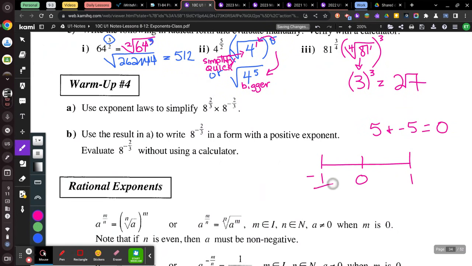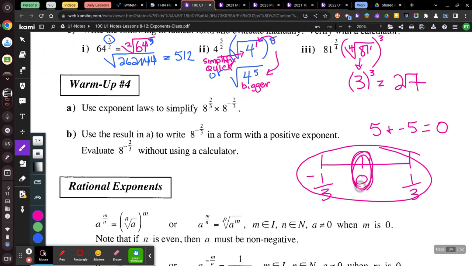I could say that's negative 1/3, positive 1/3. They're going to be an equal distance away from 0. So when you add those two numbers, they're going to end up at 0. So I add those together, they end up at 0 as my final answer.